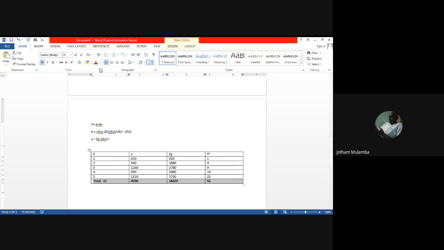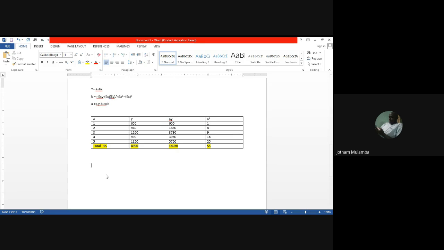So now we want to substitute in our equations. Because the equation for A has an element of B, we'll start off with B alone. B is n summation, so we substitute n. n is the number of years, which was 5.